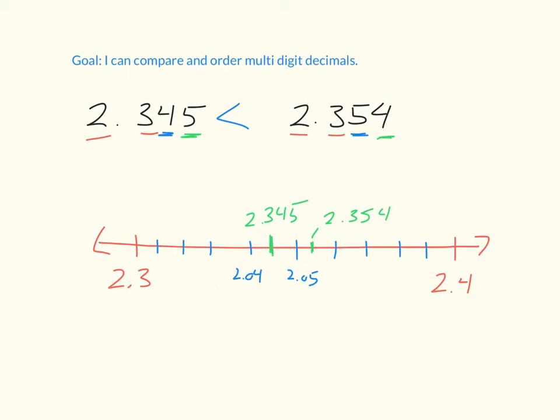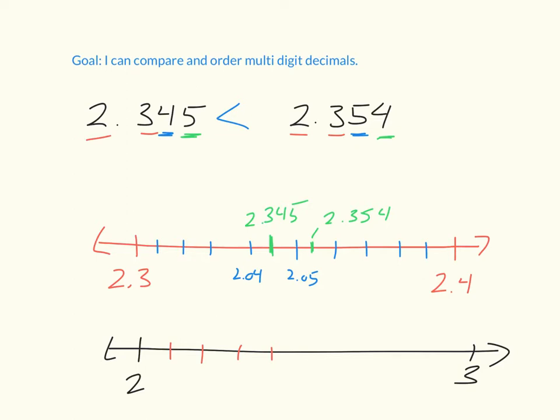Now remember, we've zoomed way in on this number line. Let's just look at it if we were to zoom out really quick. So let's say I've got a number line and we'll go between 2 and 3. And I want to put these two numbers on my number line between 2 and 3. Well, I'd have to find my 3/10 and my 4/10.